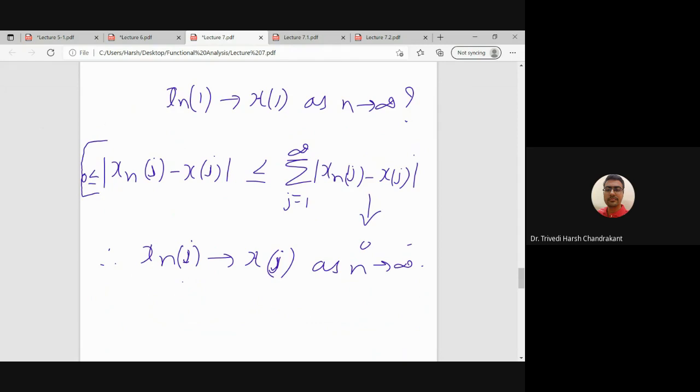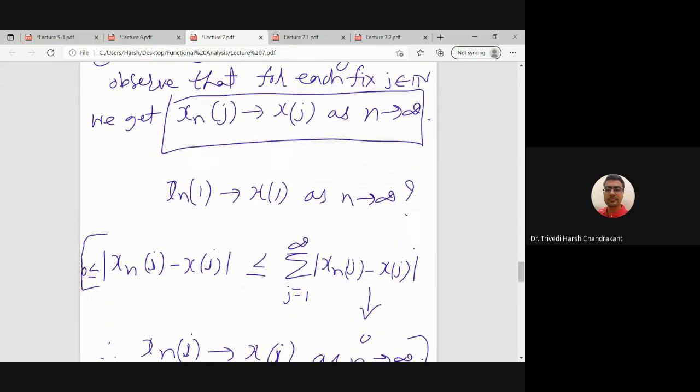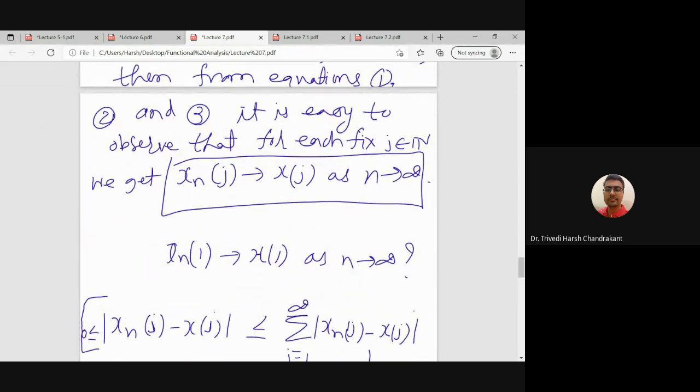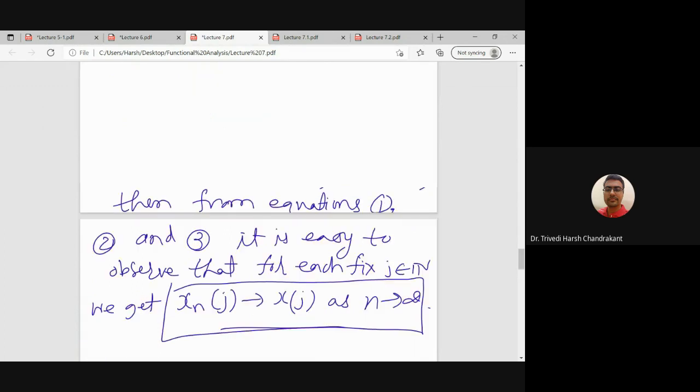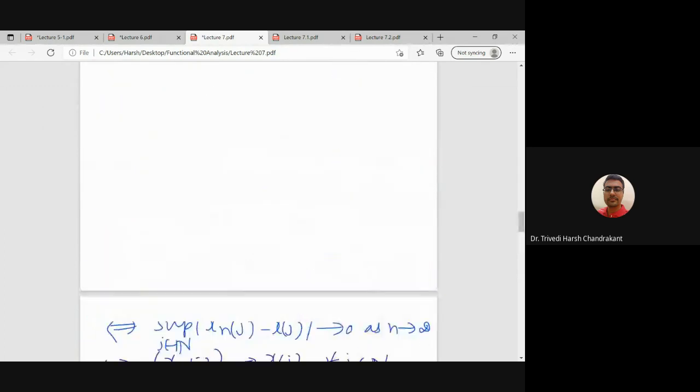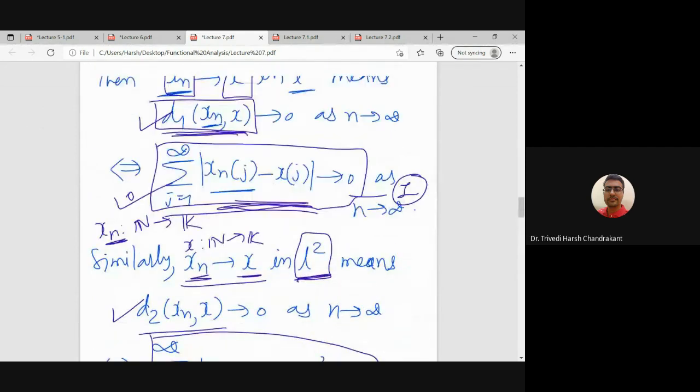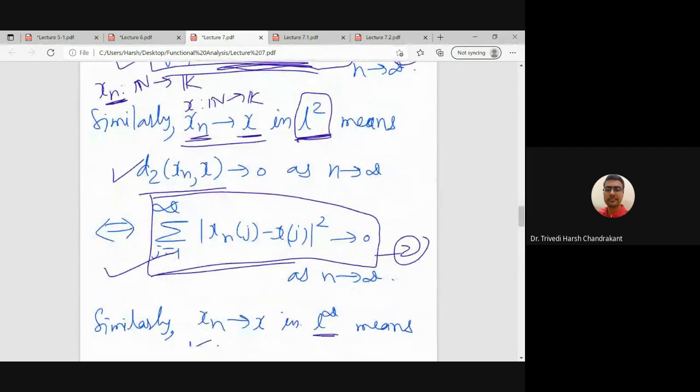So this thing we have done whenever the first equation is satisfied. But we can also check this for the second equation, because the second equation involves the square term. So again the same idea we can use, and we can show that |x_n^1 minus x_1| squared converges to 0.